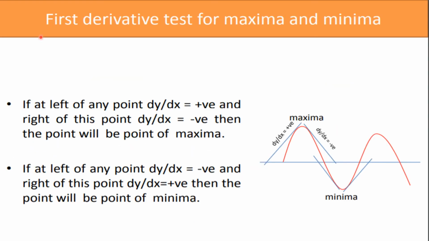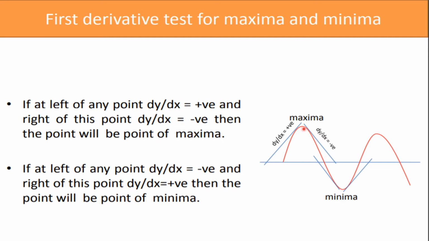Right. So by using the first derivative test, we can find the maximum and minimum of a function. If at the left of any point dy by dx is positive and right of this point dy by dx is negative, then the point will be a point of maximum. See here, left side is positive and right side is negative at this point.